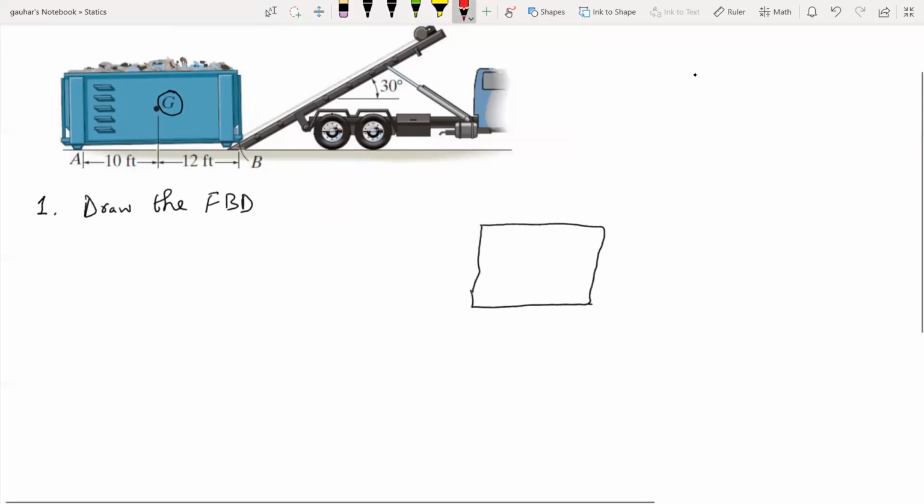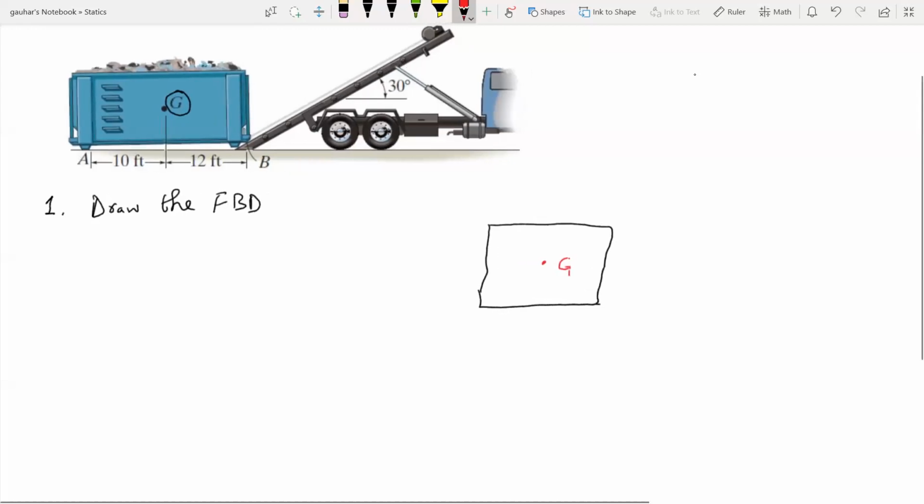This is your point G, which is the center of gravity of this garbage bin, and the weight of this bin is acting through the center of gravity. The weight is 8,500 pounds. This is your point A, and this is your point B.